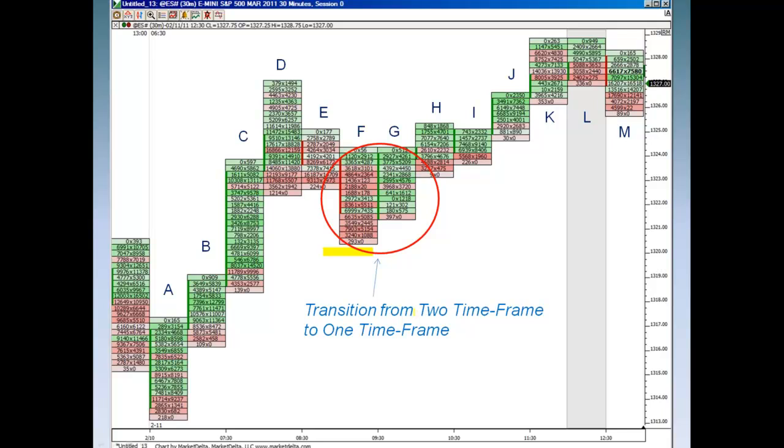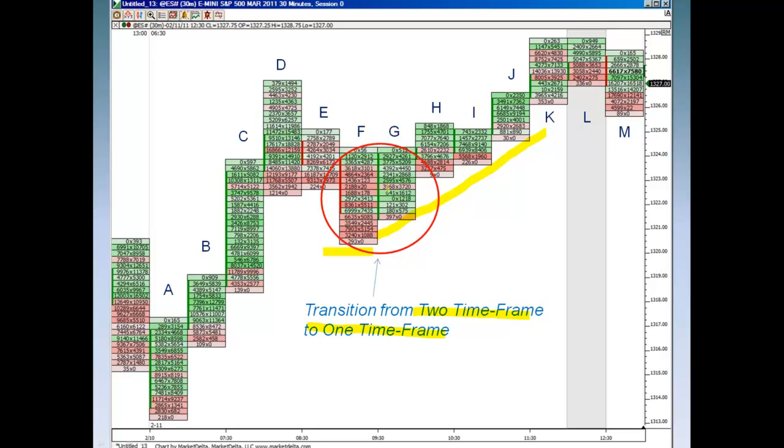The transition is now taking place from a 2 time frame trade, where the short-term traders were in control trading back and forth together, to 1 time frame again. What's happened at this point is the other time frame trader has decided to step back into the market. And remember, this was already a directional market that we had identified, and prices started heading higher.